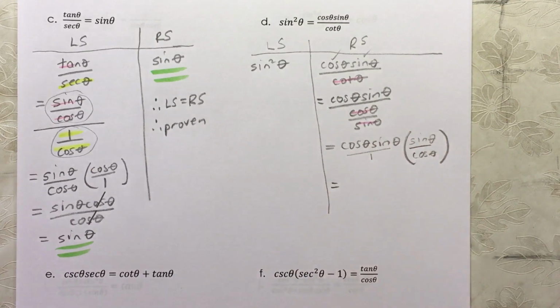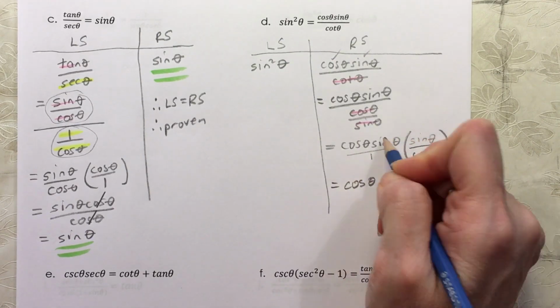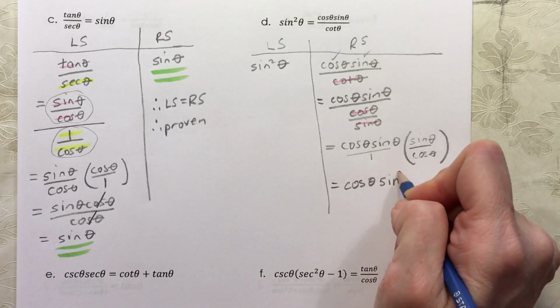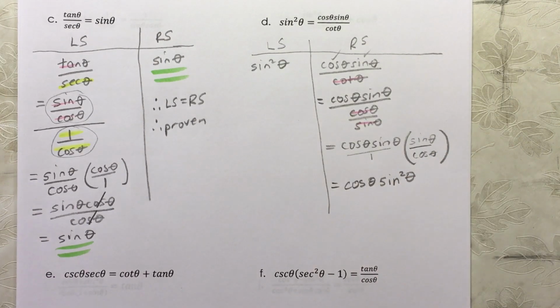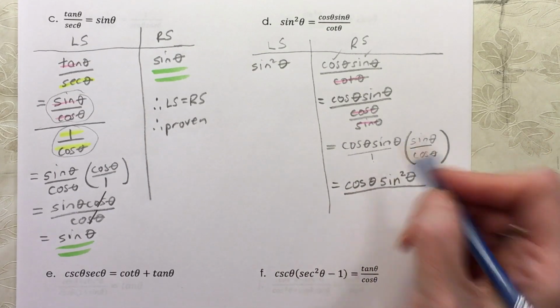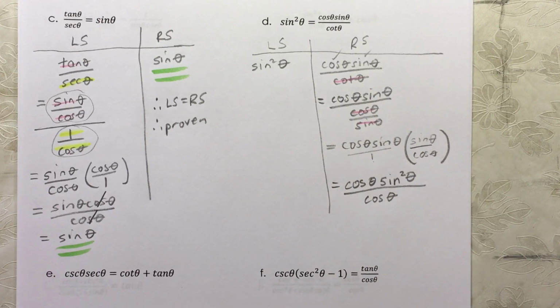Multiply the numerators together, so I have cos theta times sine theta times sine theta. So sine theta times sine theta is actually sine theta squared, but we write that as sine squared theta. And then 1 times cos theta is cos theta. And our cos thetas divide out.